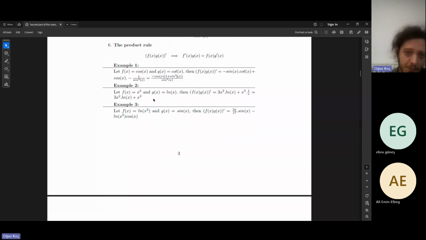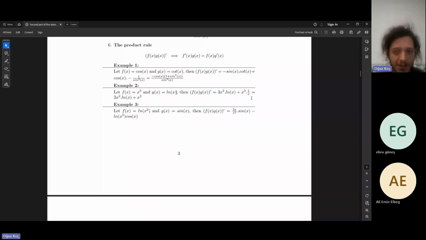And also we have the second example. In this example, the first function is equal to the third power of x, and the second function is equal to the natural logarithm of x. Then the derivative of the product of these functions is equal to the derivative of the first function, which is 3 times the second power of x, times the natural logarithm of x, plus the first function itself times the derivative of the second function, which is equal to 1 over x.